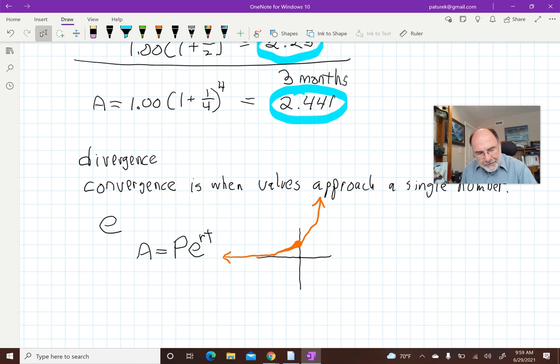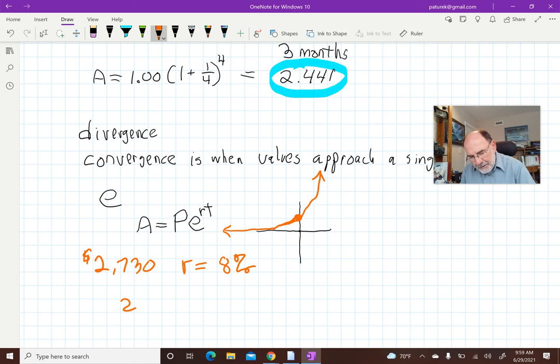Again, if you want to do that as an example, let's say we close by saying I still have my $2,730, and the interest rate is 8%. After 1 year, how much money will I end up with, right? So that's going to be 2,730 times e to the 0.08 power times time of 1 year.